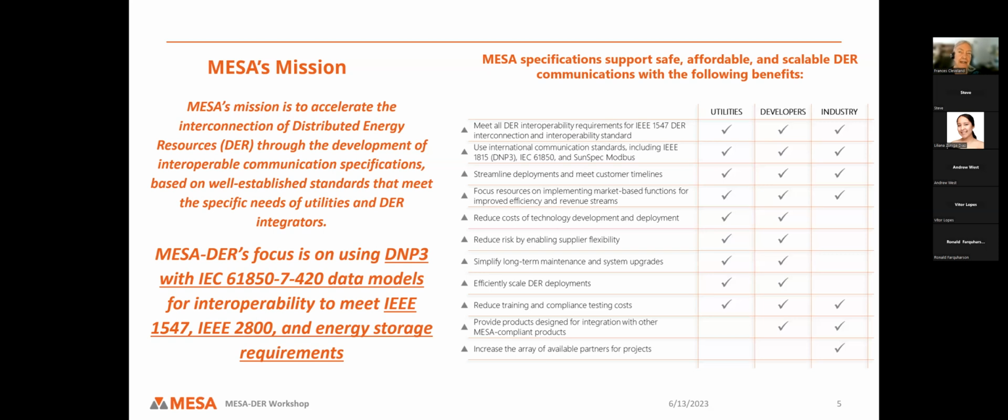So it's creating a common language. And the 61850-7-420 data models provide the functionality needed for IEEE 1547, as well as IEEE 2800 and energy storage systems, because one of our main focuses was, again, on particularly the larger energy storage systems.